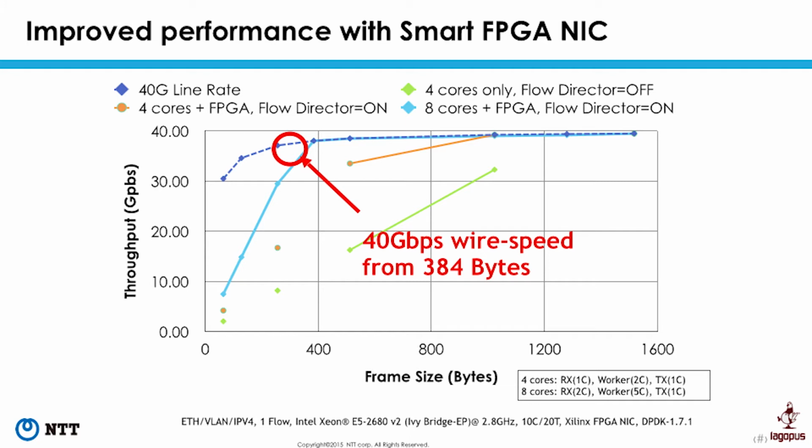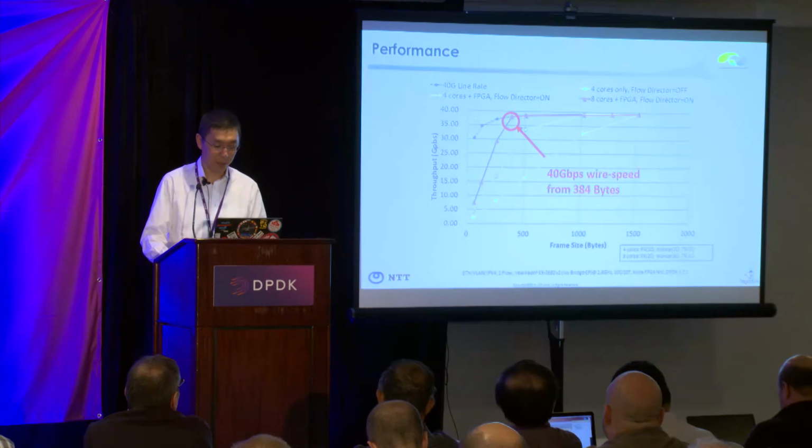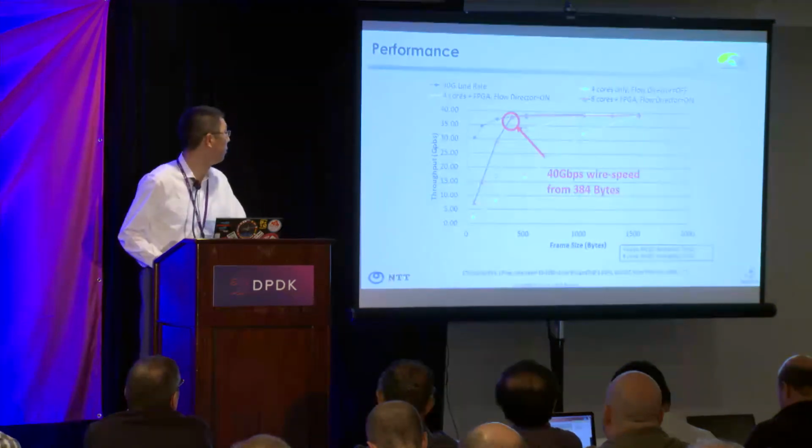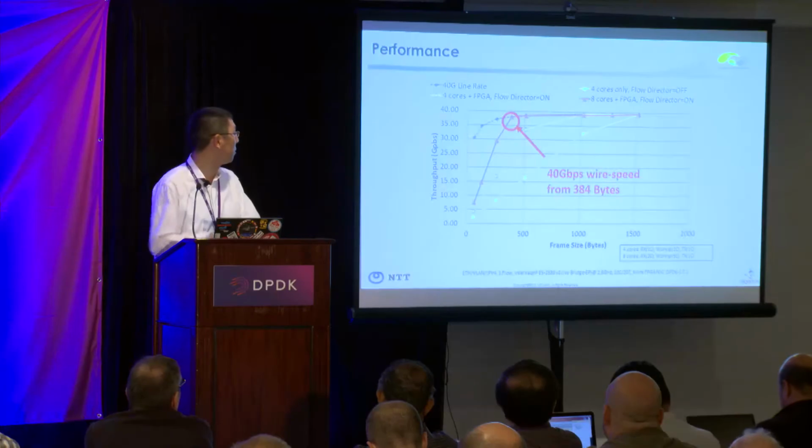Compared at the same cores, the yellow line and the green line, we achieve maybe 50% higher than the existing way to enable high performance. That means we can achieve high performance as well as decrease the number of CPU cores needed to achieve the same performance.